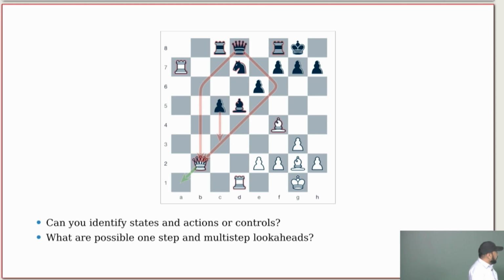In this case the one-step look-ahead will be: you make your move, and what are the optimal consequences of that one move? So you have these pieces, let's say white needs to play, then what if you play some of these?